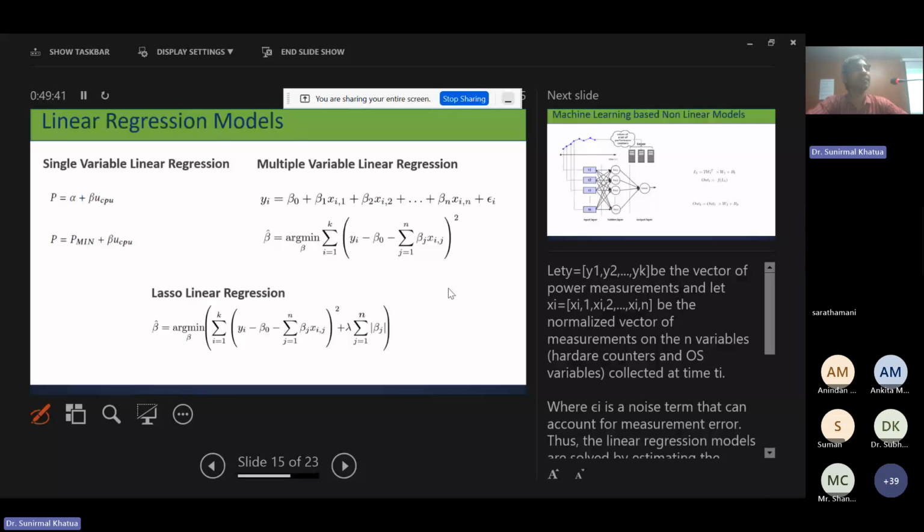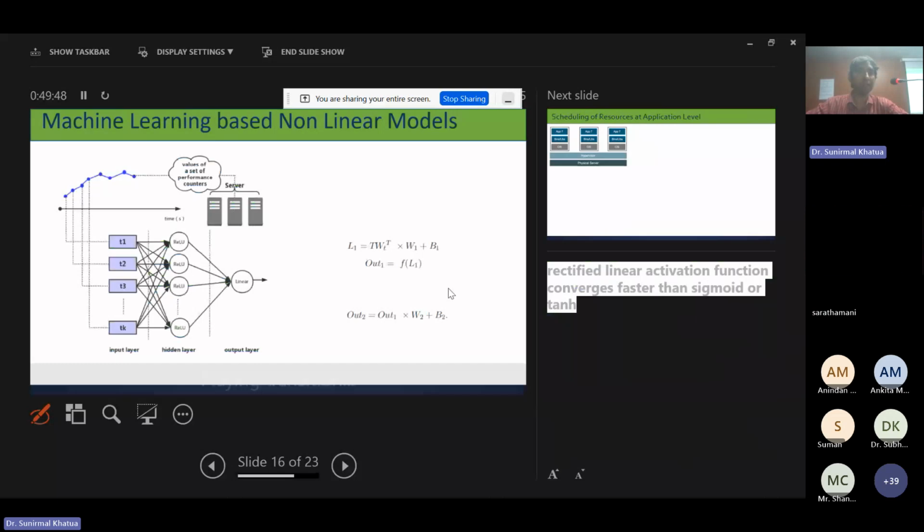So, any question here? Because we have only 5 minutes, I think we cannot cover the third model.